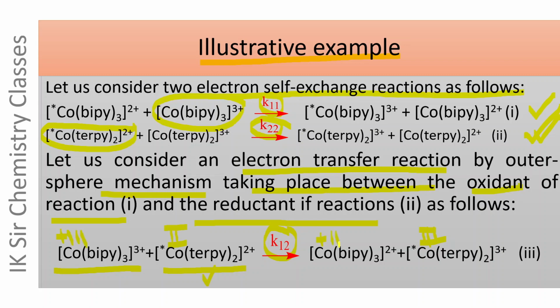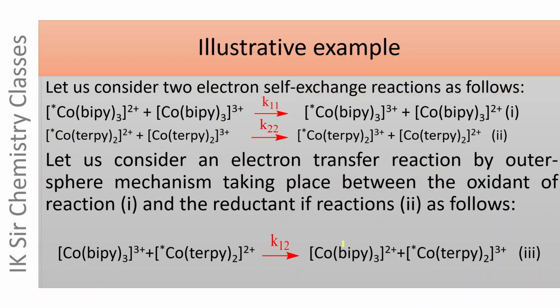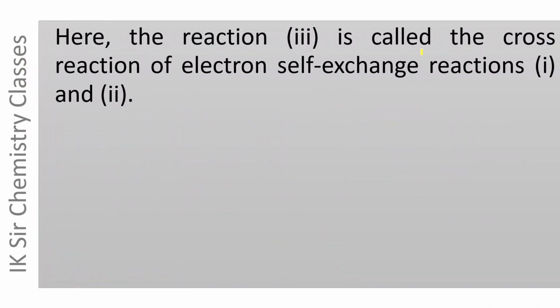This is an electron transfer reaction by outer sphere mechanism, and it is an example of cross reaction. Here, reaction 3 is called the cross reaction of electron self-exchange reactions 1 and 2. The reaction number 3 is nothing but the cross reaction of electron self-exchange reactions 1 and 2.